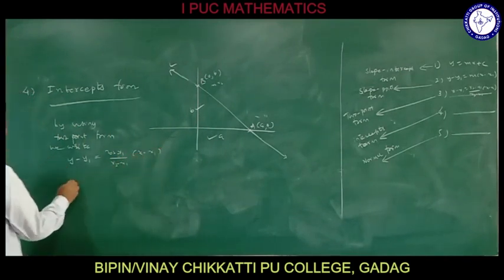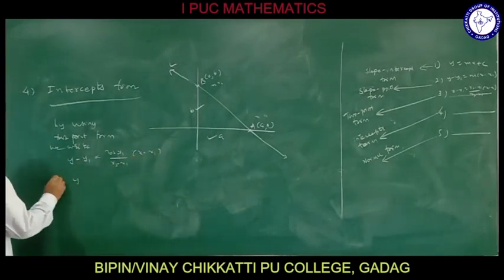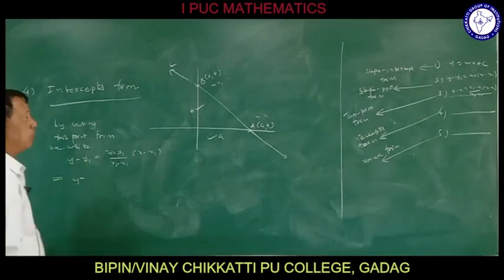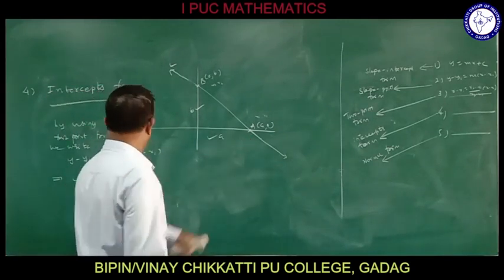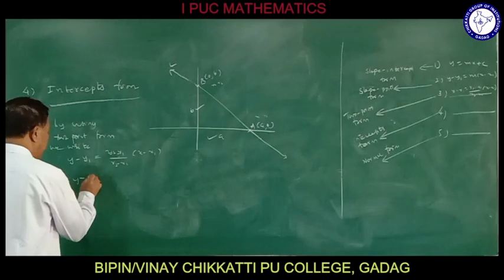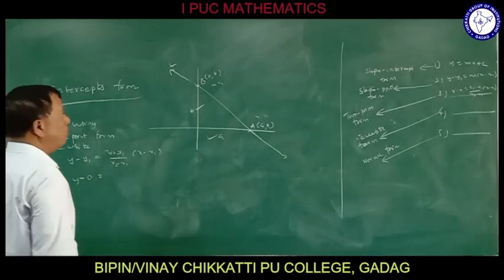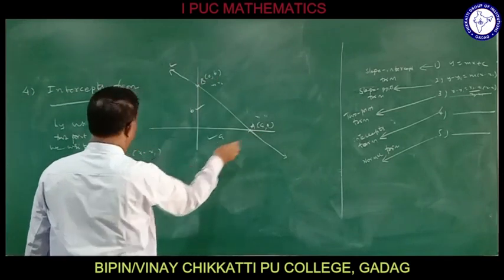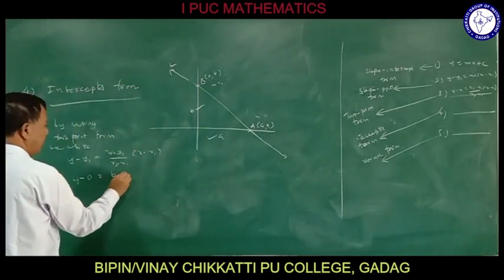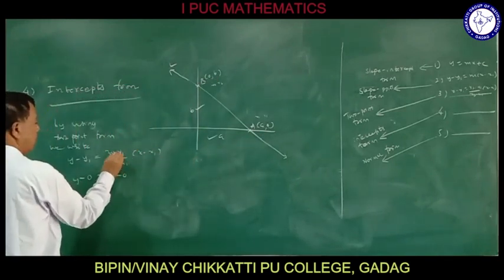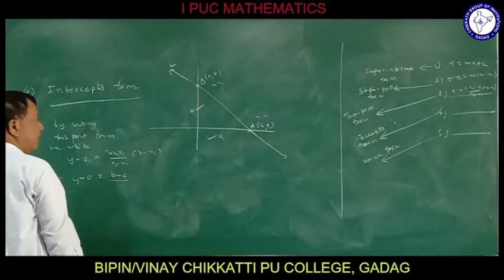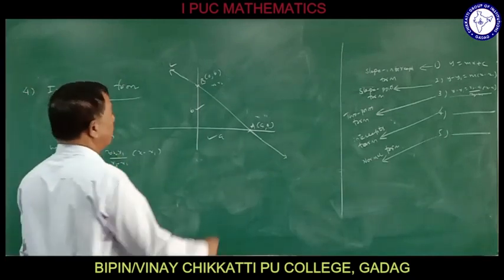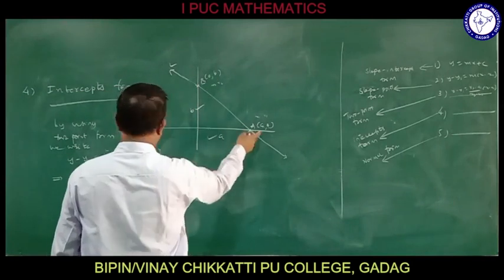This is the formula. You tell me, y1 is how much here? y1 is 0. See here, y1 is 0. And y2 minus y1 is b minus 0, divided by x2 minus x1.